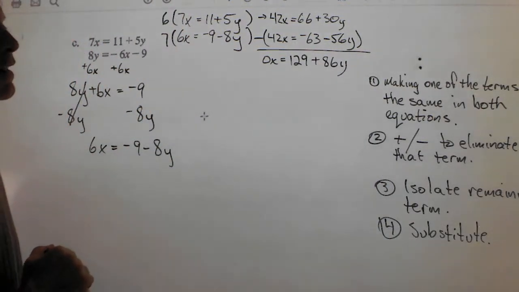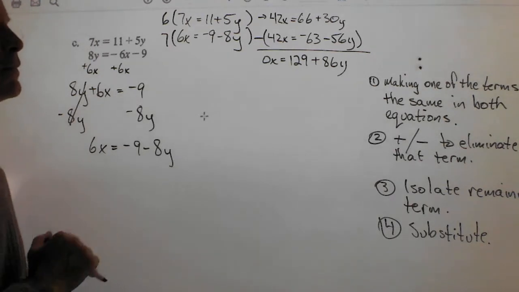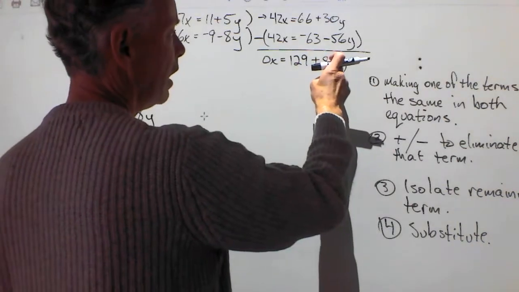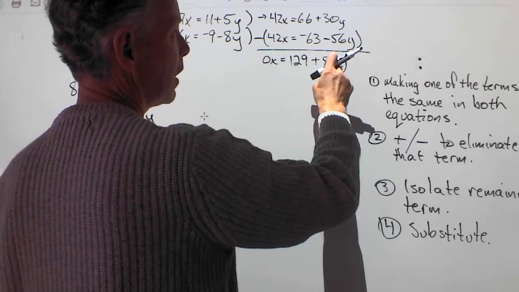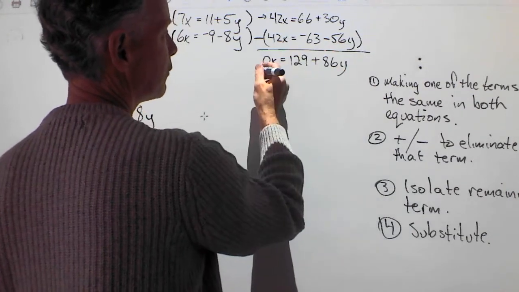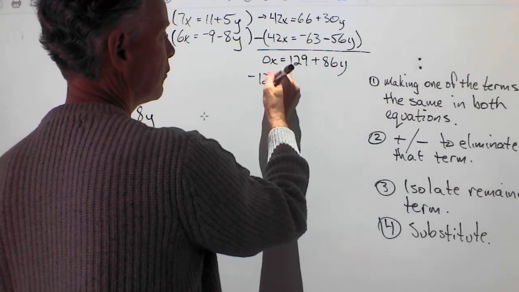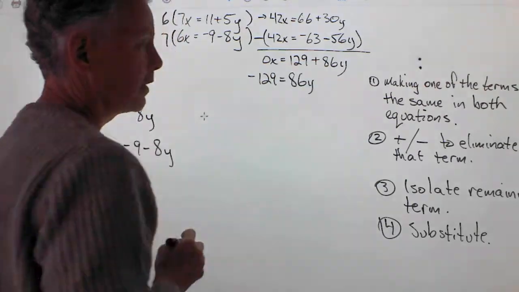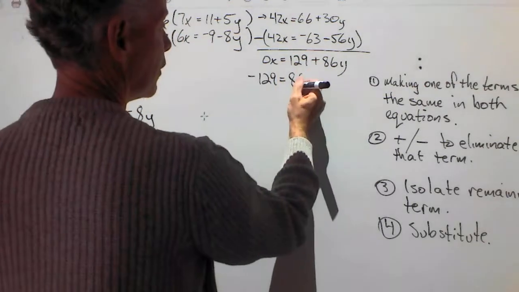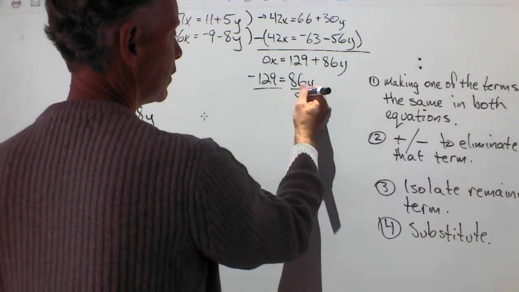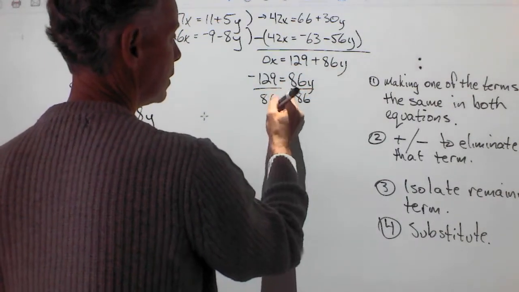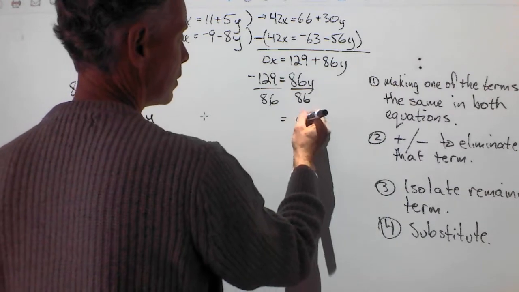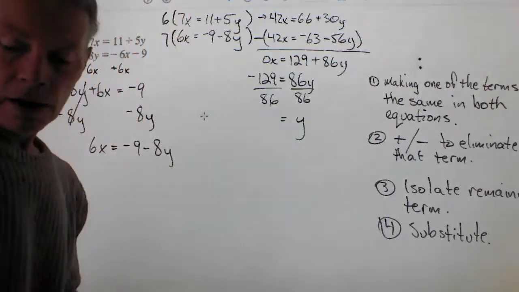Okay? This one's not going to be very nice. Oh well. So, isolate y. Subtract 129 from both sides. That'll give us negative 129 on this side and 86y on this side. Divide both sides through by 86. That will give us y on this side.